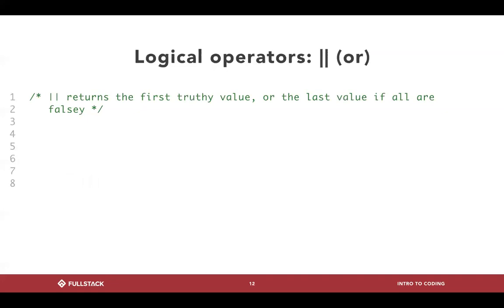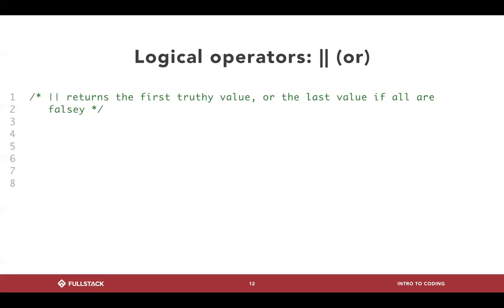So we also have the OR operator. The OR returns either the first truthy value or the last value if all are falsy. And then more commonly used, it's used to say, okay, I have a set of things that are going to coerce either true or false.